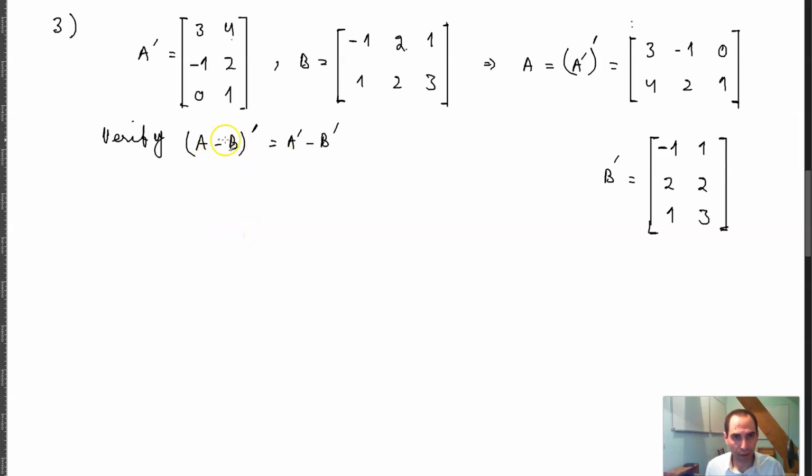Now to calculate A minus B, that is A and that is B, so I have to subtract this matrix from this matrix, which means that I have 3 minus negative 1 is 3 plus 1 is equal to 4, negative 1 minus 2 is equal to negative 3, 0 minus 1 is equal to negative 1, 4 minus 1 is equal to 3, 2 minus 2 is equal to 0, and 1 minus 3 is equal to negative 2.